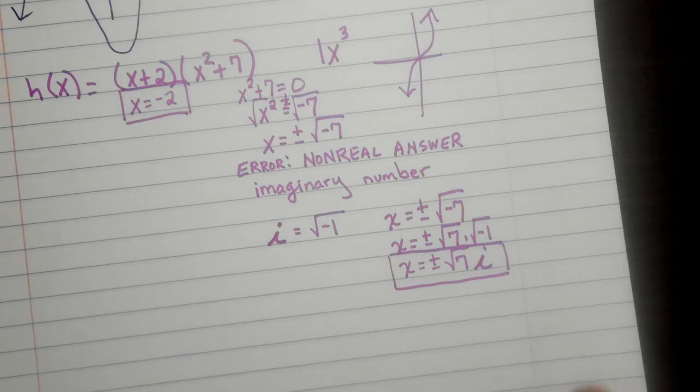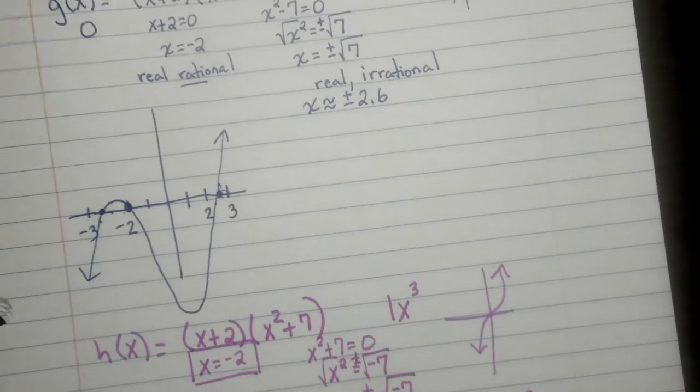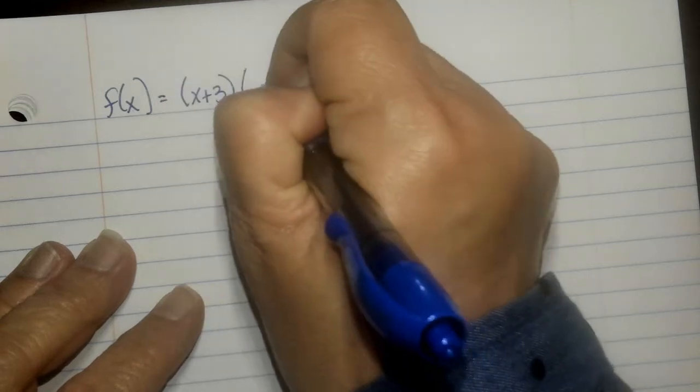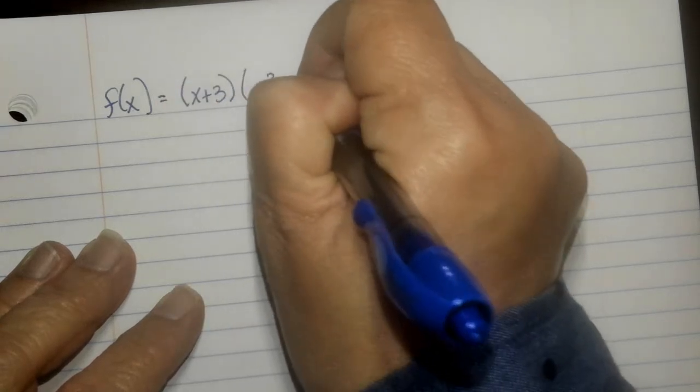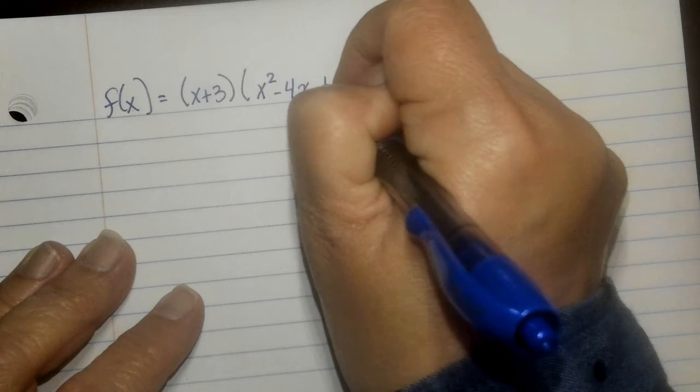Alright, so let's do another one. We'll call this one f of x. And we're going to have, in factored form, x plus 3 times x squared minus 4x plus 7.